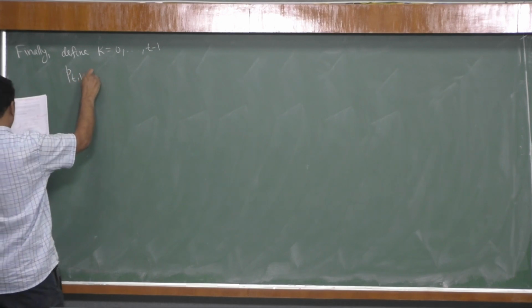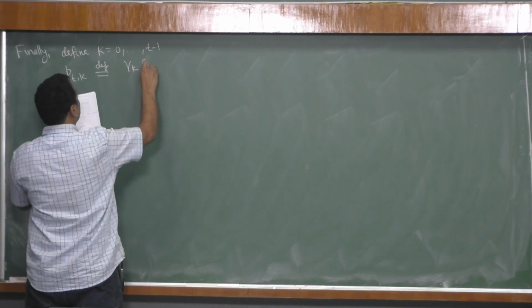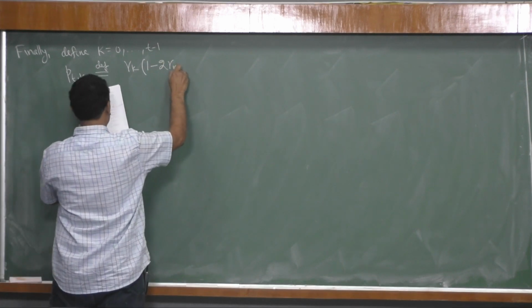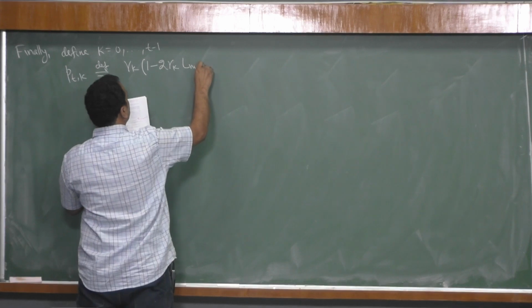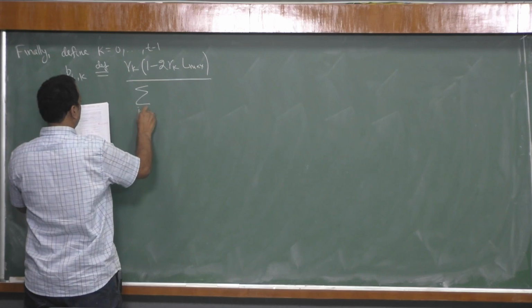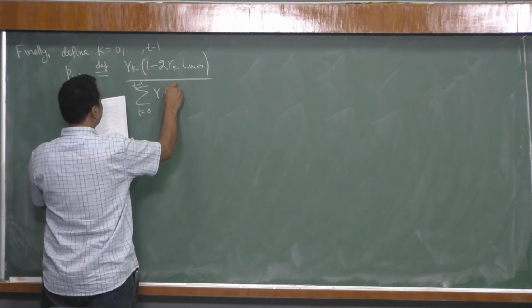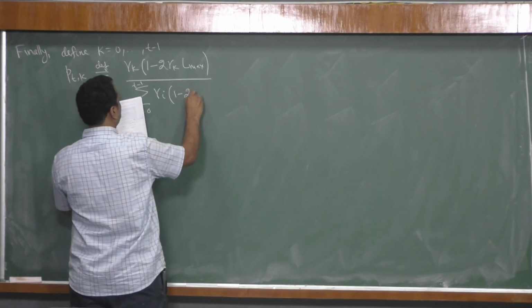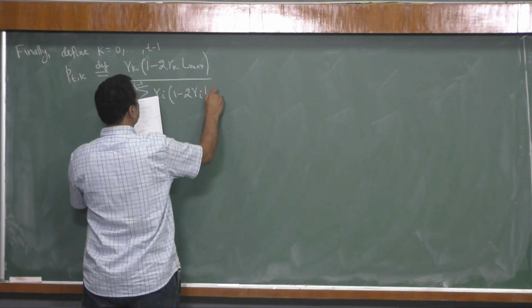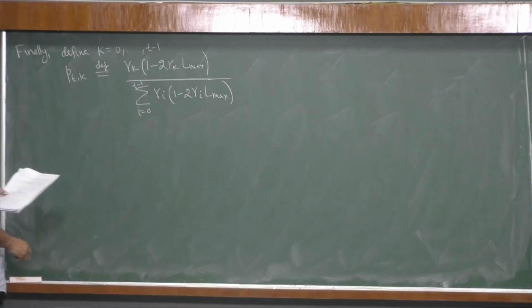P t comma k is defined to be gamma k times (1 minus 2 gamma k L max), divided by the sum over i equals 0 to t minus 1 of gamma i times (1 minus 2 gamma i L max). Okay, this is our p t k.